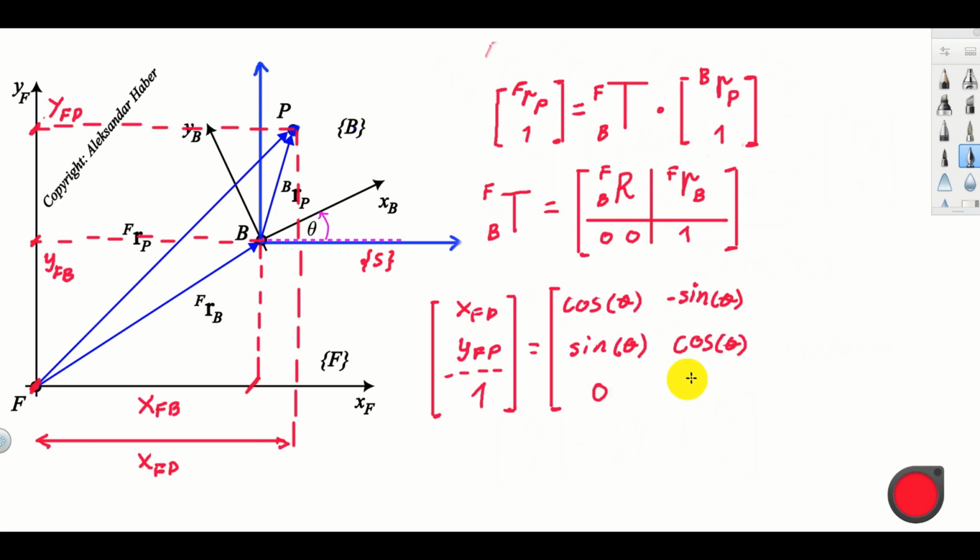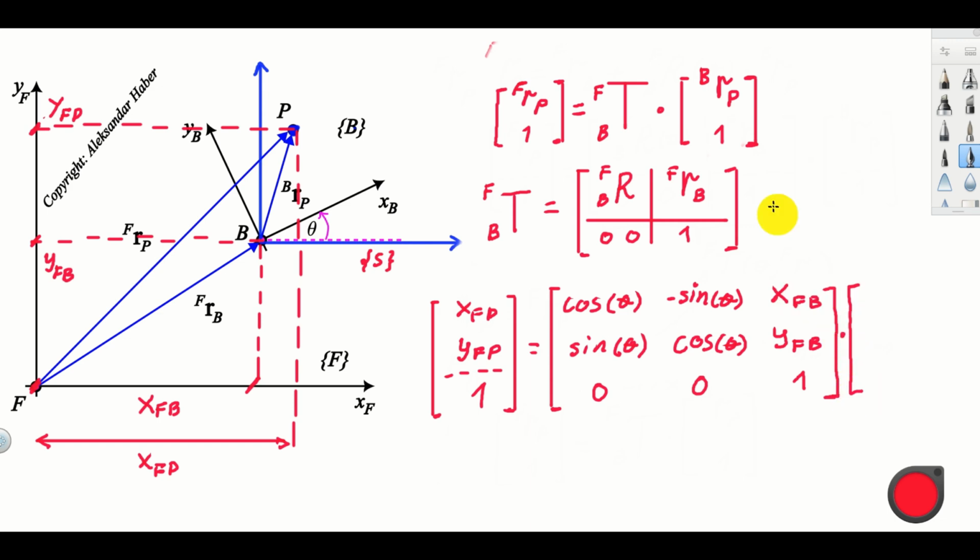Then we will have 0 and 0 over here. Next, we need to enter the projections of the vector RBF. Here's the vector RBF, and its projections are XFB. So let's write XFB. And another projection onto the YF axis is YFB. And over here we'll have 1. And this is the form of our homogeneous transform matrix.